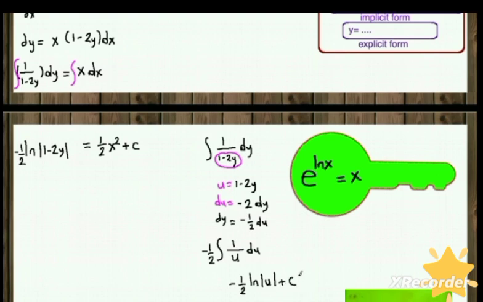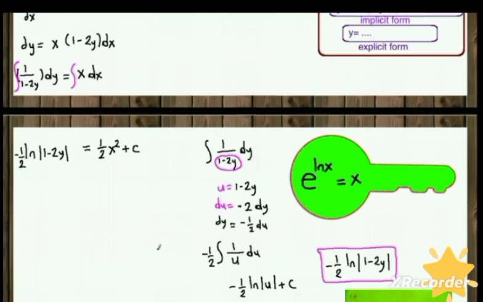We don't need c here because it's on the y term side. So negative 1/2 ln of, we have to bring u back, which is 1 minus 2y. So this is the integral of 1 over (1 minus 2y). My recommendation is to be more fluent with ln, the derivative of ln, and the antiderivative of ln.